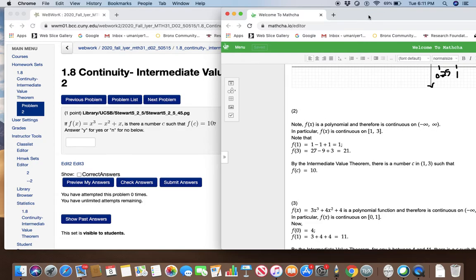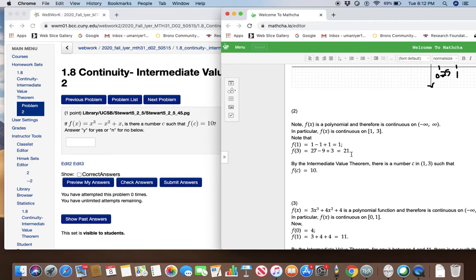In particular, my function f is continuous on the closed interval 1 to 3. Note that f at 1 is 1, f at 3 is 21. You plug in x equals 3 and you get these answers.